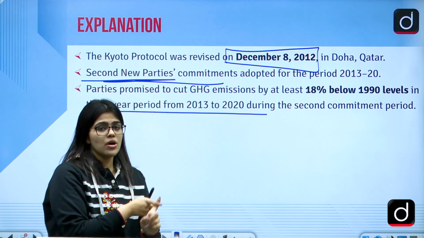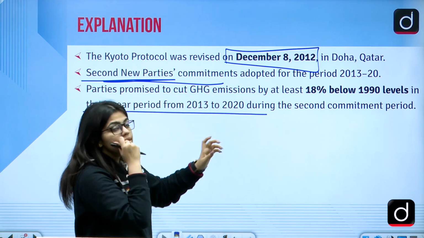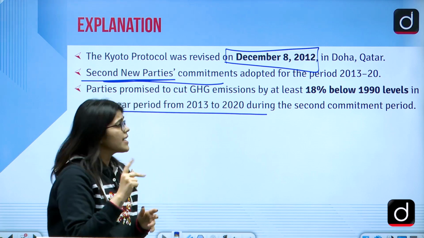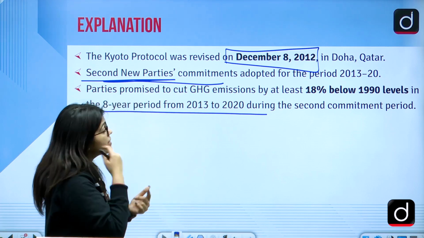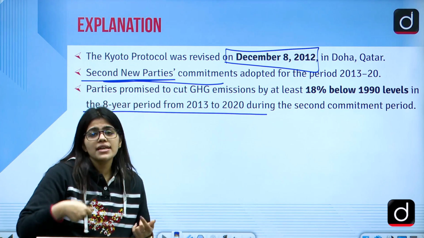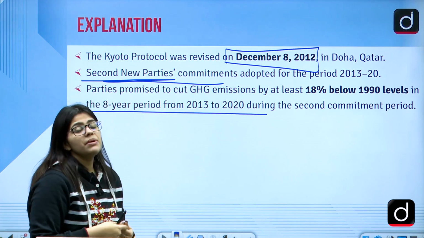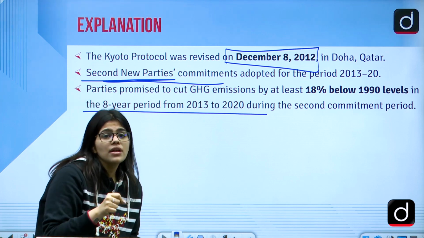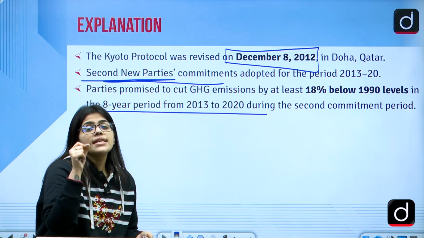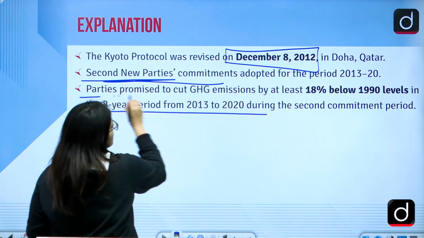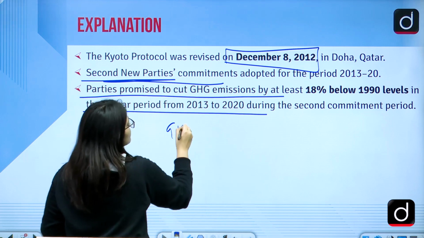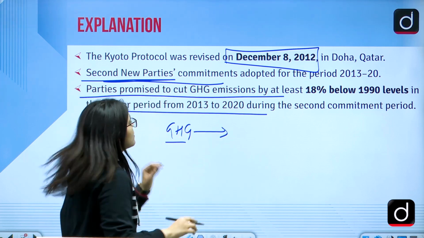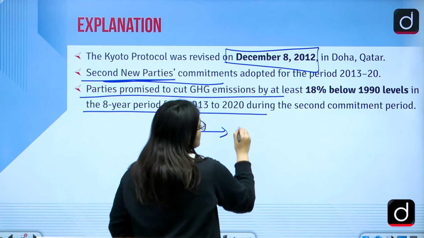First question, this is also a PYQ. When did this happen? This happened on December 8, 2012. Second question: they can also ask you about the second commitment period, and the second commitment period is from 2013 to 2020. Then what was the goal that they decided in the second period? In the second period the parties promised that the greenhouse gas emission would be reduced to the least, and till what number will they reduce it?